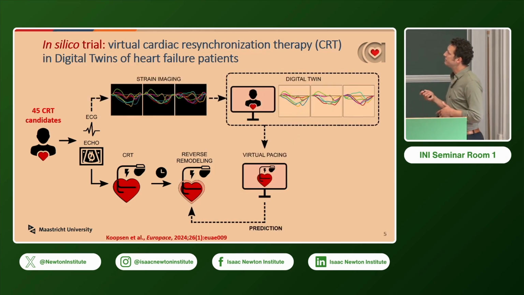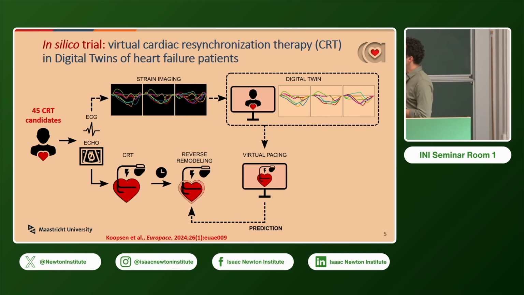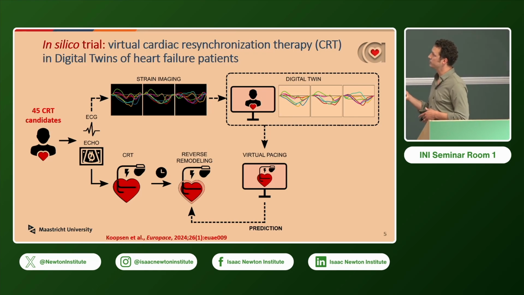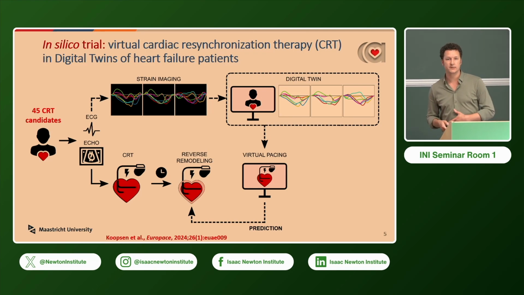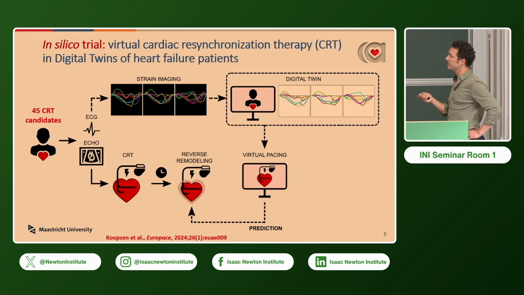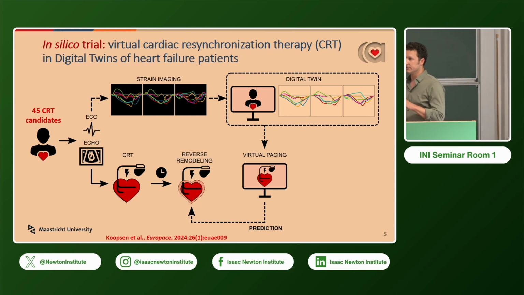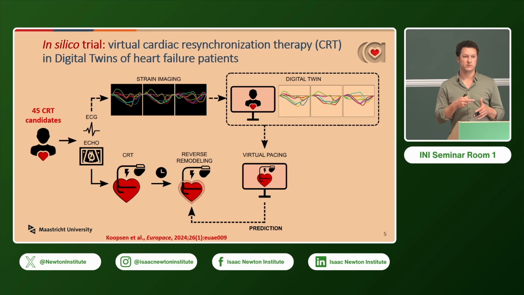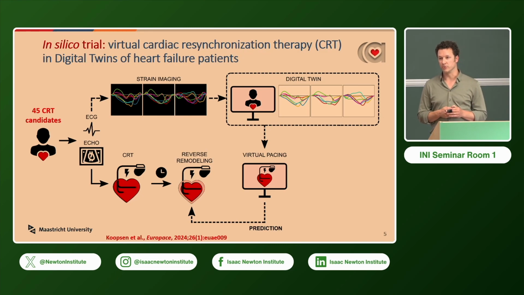What we propose is that on top of that, while patients are selected based on the conventional guideline criteria, we use strain imaging, 18 segmental strain patterns, with all their disadvantages but also huge advantages. There is a lot of diagnostic information contained in there, and we try to fit our model to that by mostly parameterizing contractility, so the active and the passive material properties.